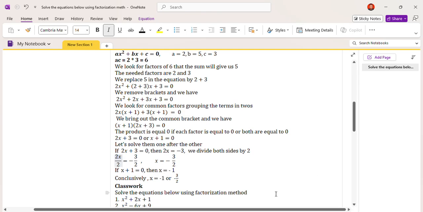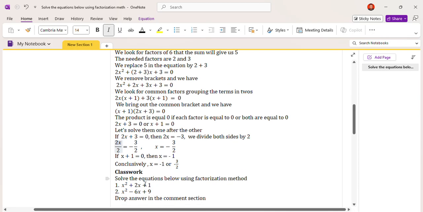Now our classwork. Solve the equations below using the factorization method. First one: x squared plus 2x plus 1 equals 0.